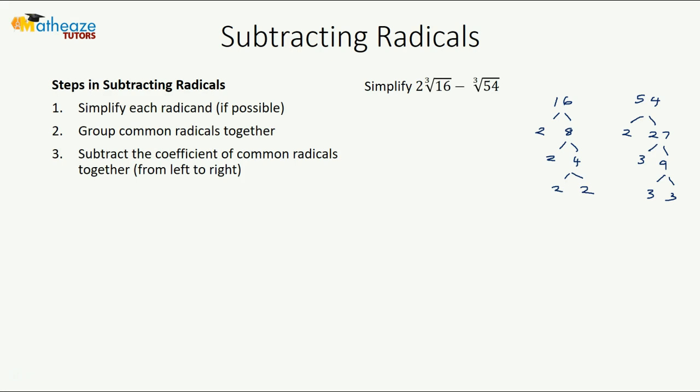So 2 cube root of 16 is going to give us 2 times 2 cube root of 2, minus 3 cube root of 2. So this is going to give us 4 cube root of 2 minus 3 cube root of 2.